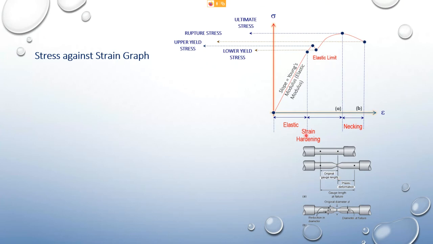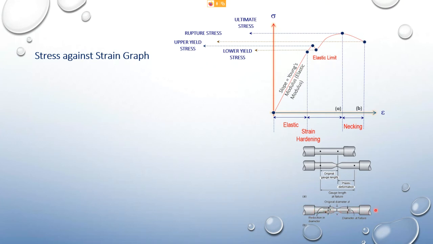It will undergo plastic deformation here, and with further stress beyond that, it will form necking. Then if more force or more stress is applied to the material, it will break into 2 parts.